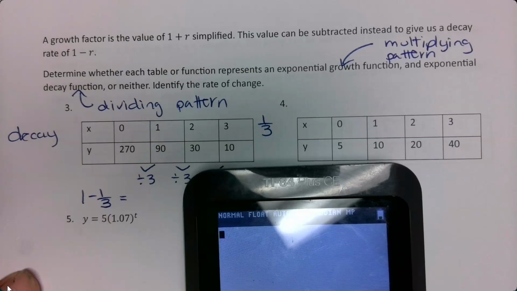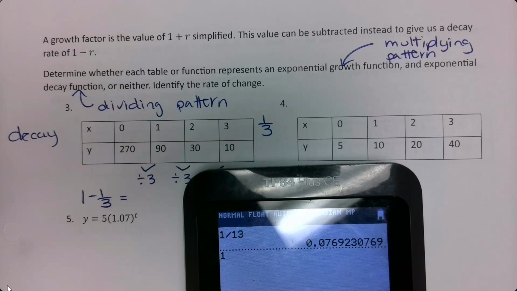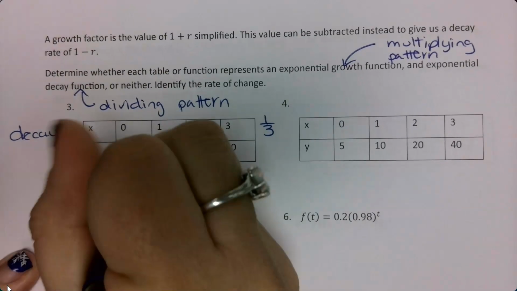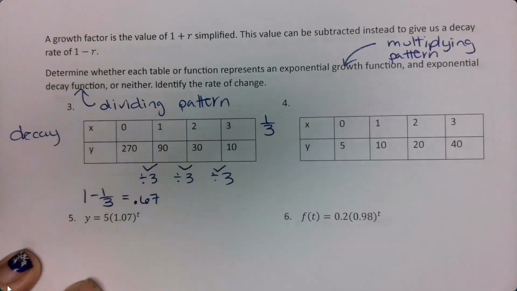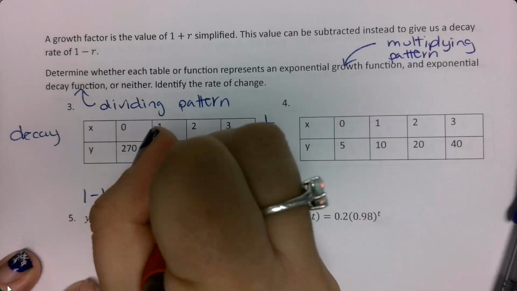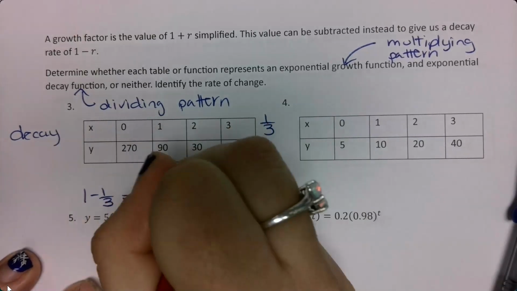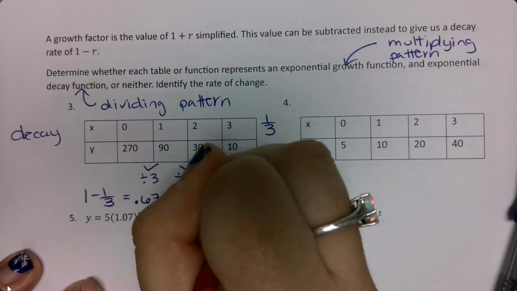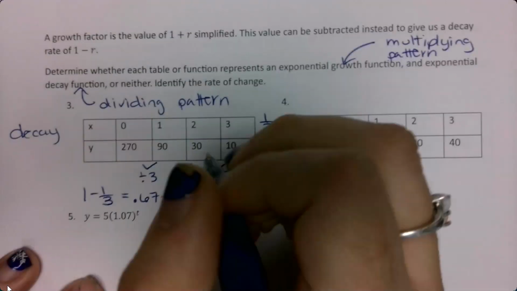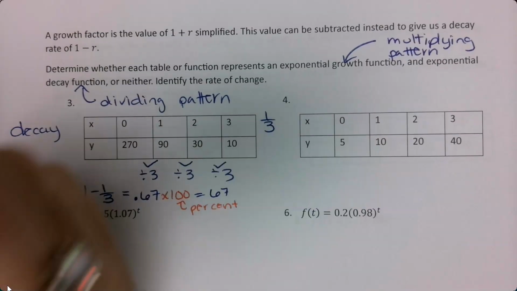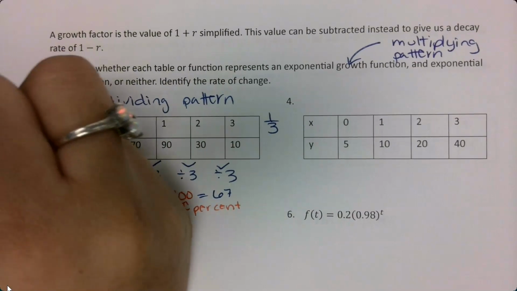So on the calculator, 1 minus 1/3 gets me 0.67. And then I want to times it by 100 to turn back into a percent. So my rate here is a 67% decay rate.